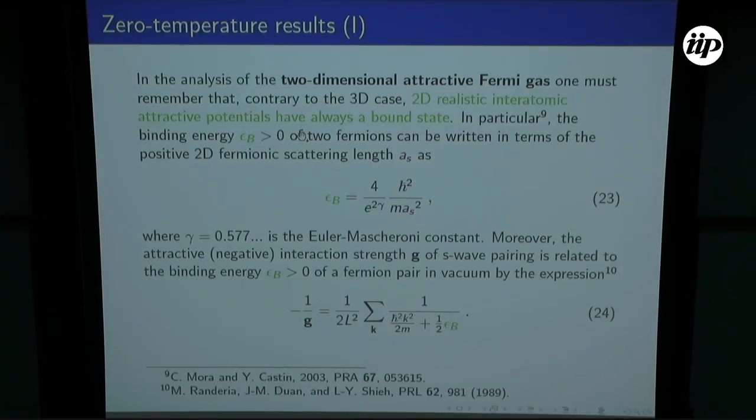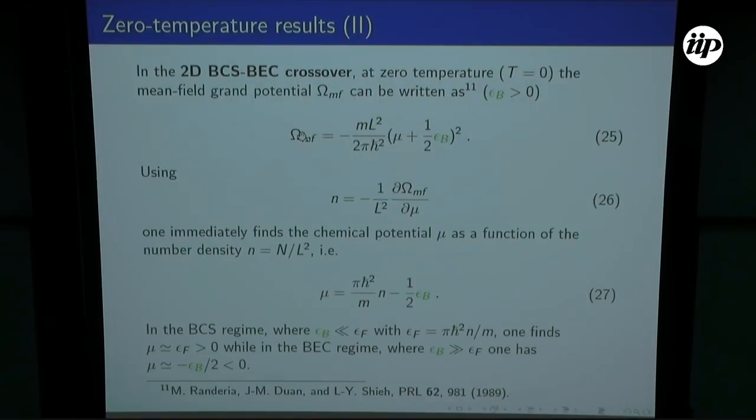Unfortunately, this object is divergent, but there are several ways to remove divergences. One simple way is dimensional regularization, but you can also introduce a cutoff, or other approaches. Well, at the mean field level, the mean field grand potential has a very simple expression at zero temperature.